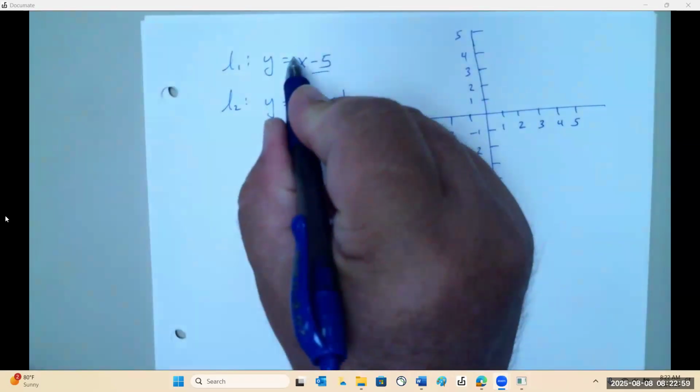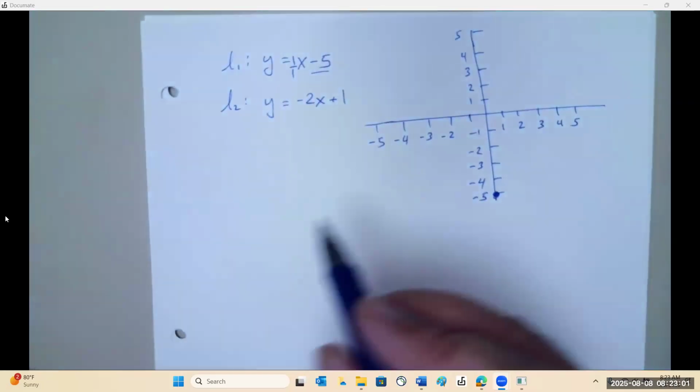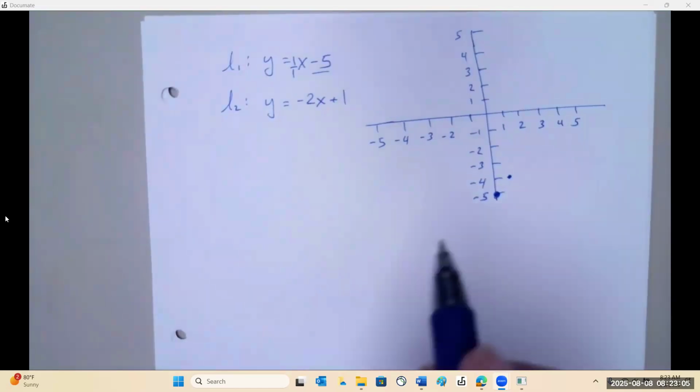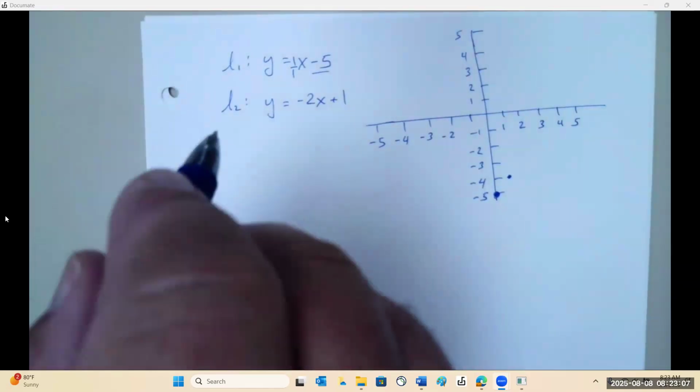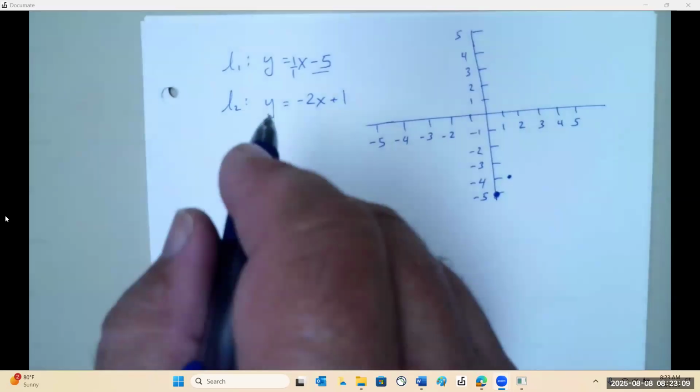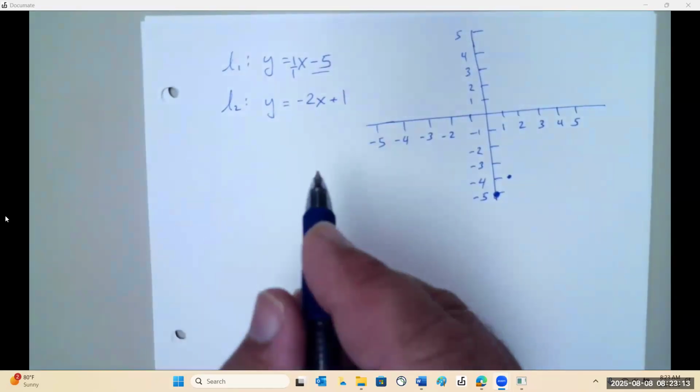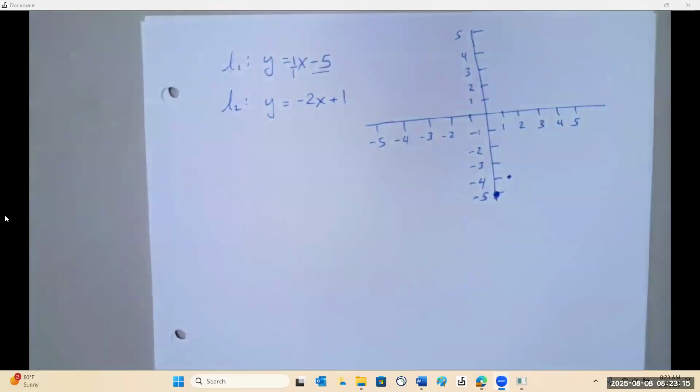The slope is 1/1. Go up 1/1. If your graph is incorrect, your answer is always going to be wrong.